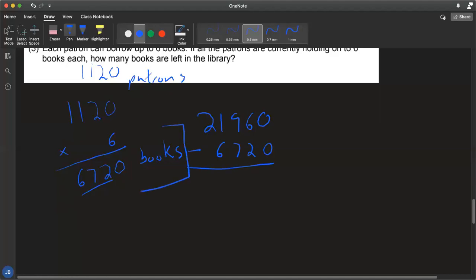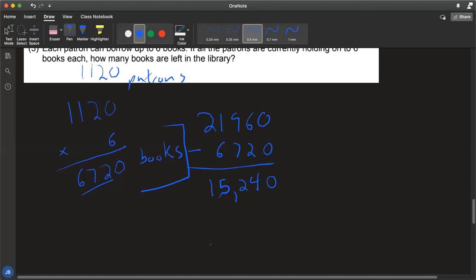So that would equal 15,240. Perfect. 15,240 books left in the library, right?